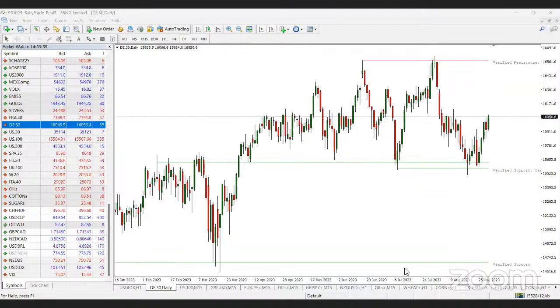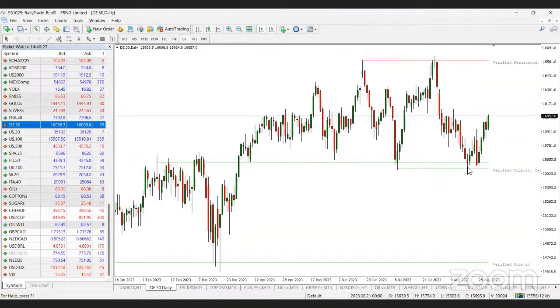On the daily time frame, you can tell that DE30 seems to be returning that bullish move after it sold for a while. It's currently retracing and it's been buying.